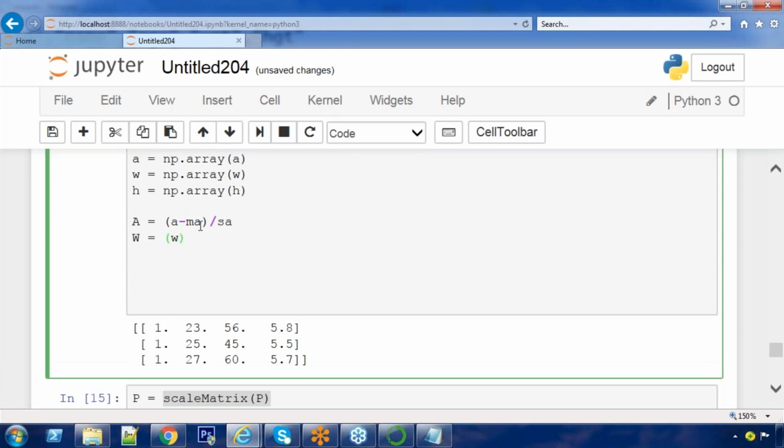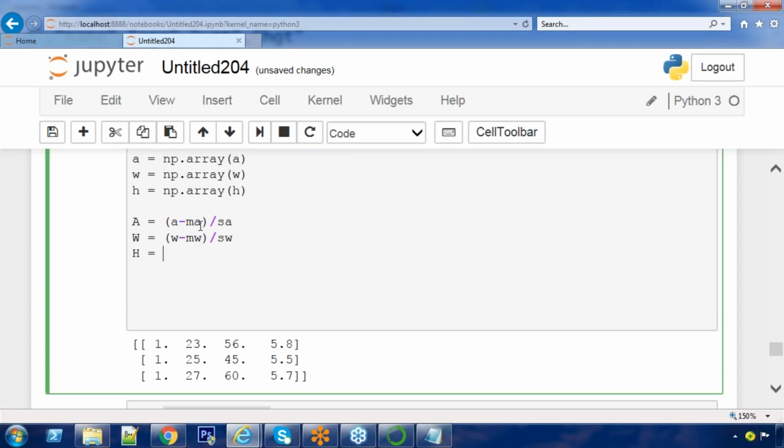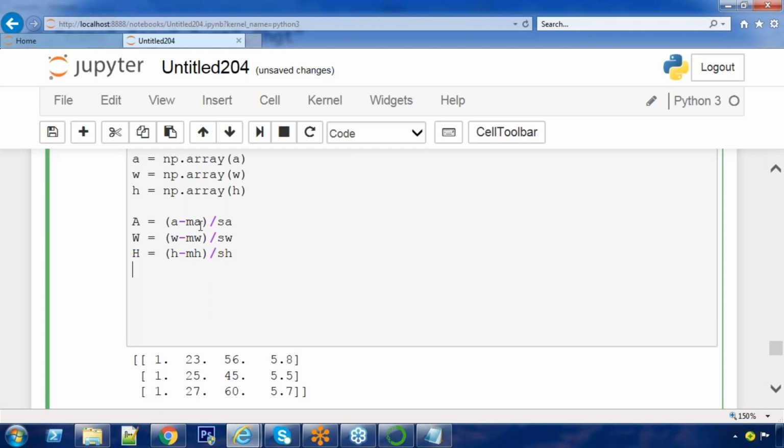Do the same thing: W minus MW divided by SW. Capital H minus MH divided by SH. With this, prepare your matrix. Understand the point?